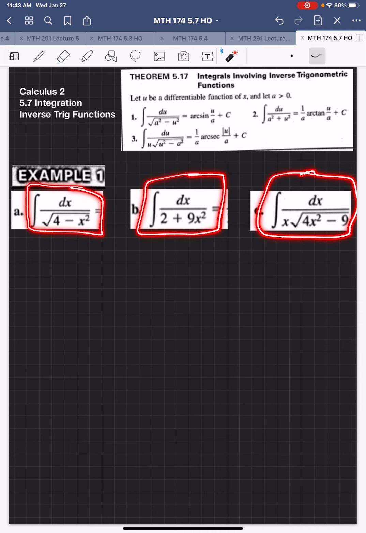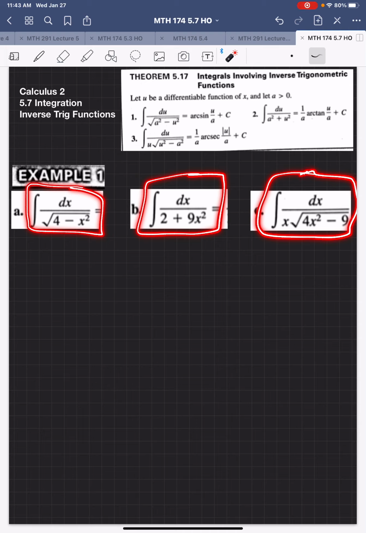So first off, let's take a look at each of these formulas, and let's take note of the notation of A and the notation of U and what they mean. So in this case, let's start with A. A is going to be some constant greater than 0, right?